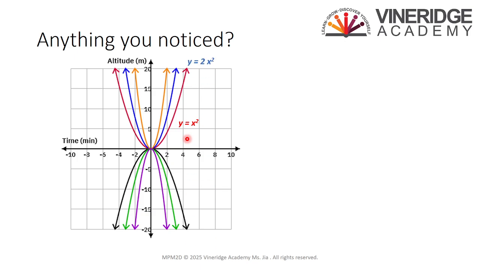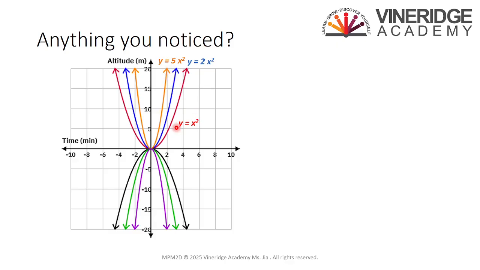So for example, if a is greater than 0, we can get 2 or 5. Here, the red one is y equals x squared, the blue one is y equals 2x squared, and the orange one is y equals 5x squared.